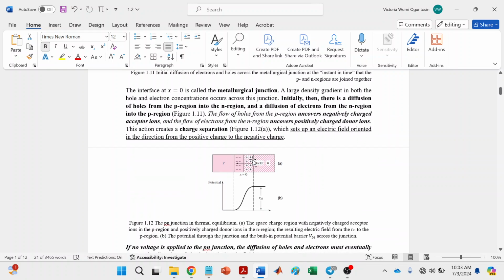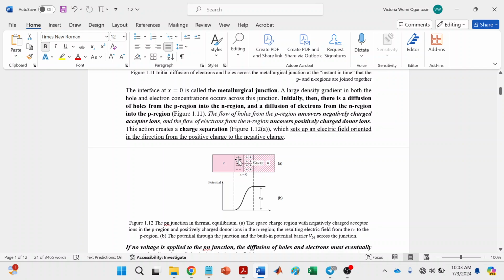This is shown here. The diffusion of electrons will uncover positively charged ions, and the diffusion of holes to the N region will uncover negatively charged ions.